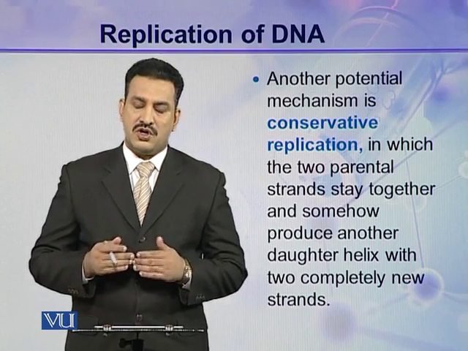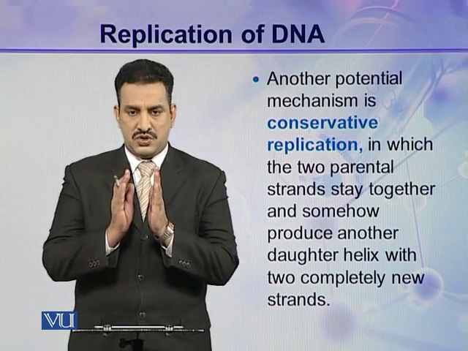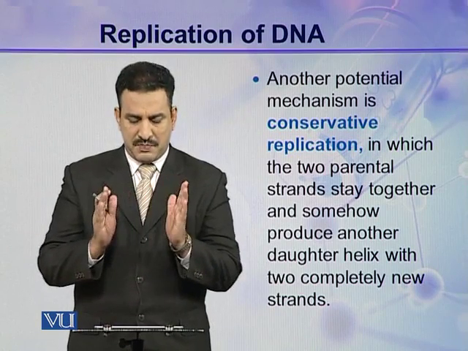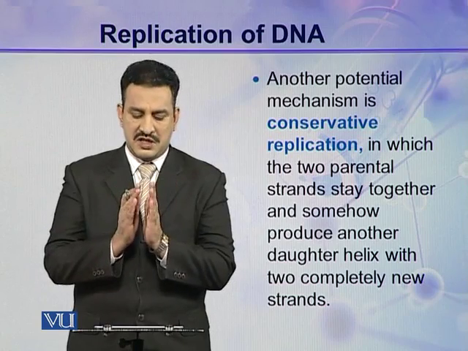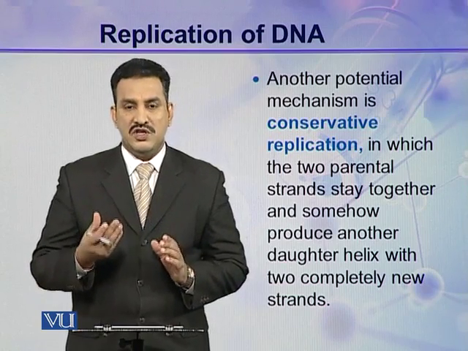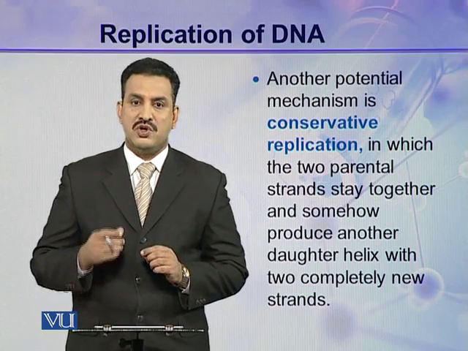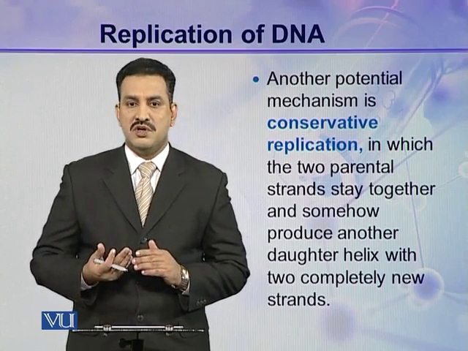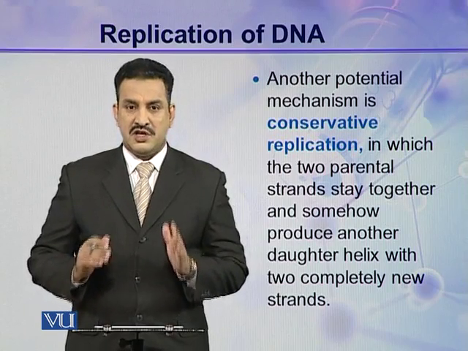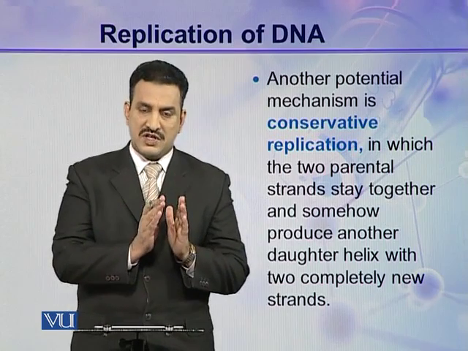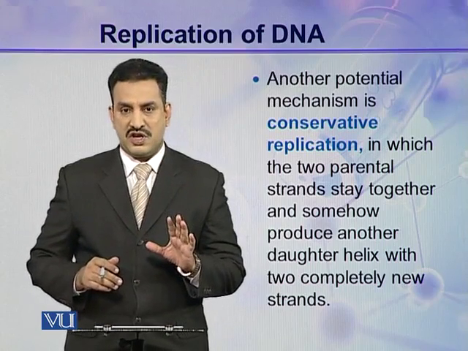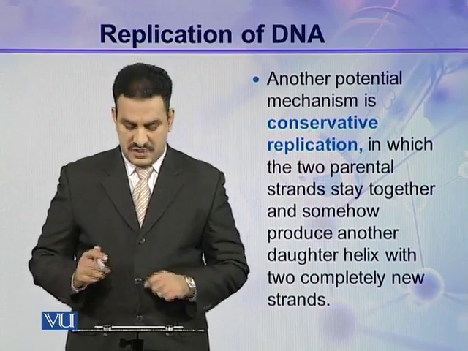So according to this model, the two strands in a DNA molecule don't get separated, and they make two new strands. So the newly synthesized DNA molecule is completely new. So this is called conservative replication. That is, the parental DNA is totally conserved.